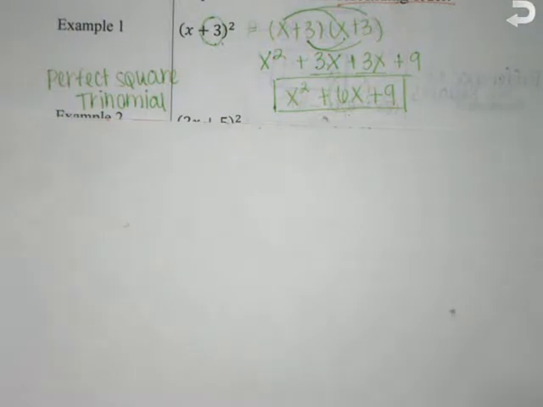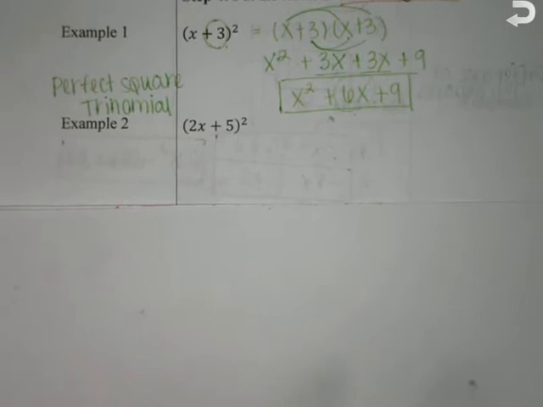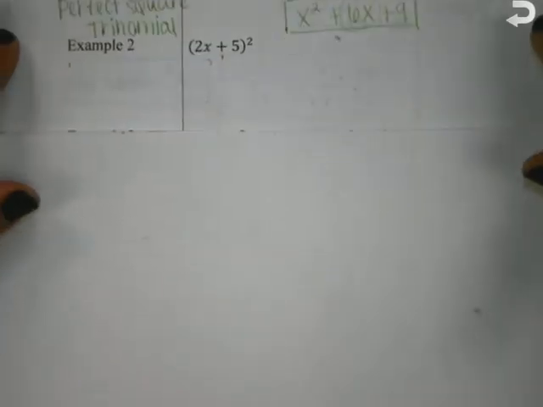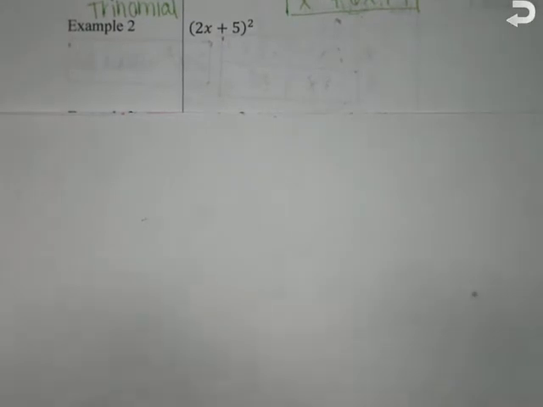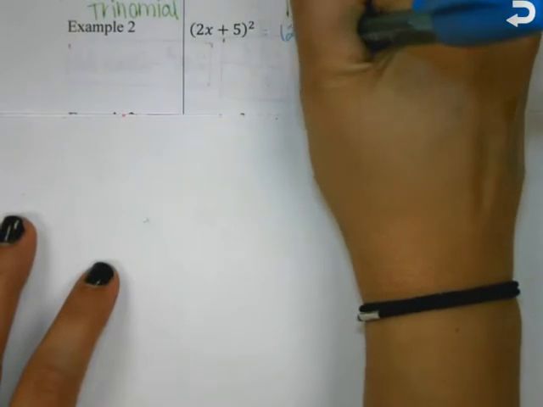So let's look at example 2. 2x plus 5 squared. I want you guys to try this by yourselves. So let's expand it together. 2x plus 5 squared expands to 2x plus 5 times 2x plus 5.